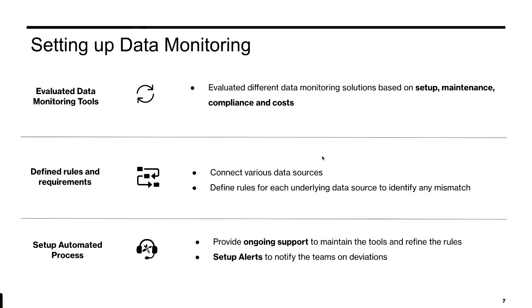You can look at the setup cost, the maintenance, compliance, and costs, and then see which is the best tool for you to automate some of this. You can define clear rules and understand what deviations you want to capture. And lastly, you also want to set up automated systems, maybe email alerts and so on. These are some of the things I was able to do, and we got to a pretty good place because of these.